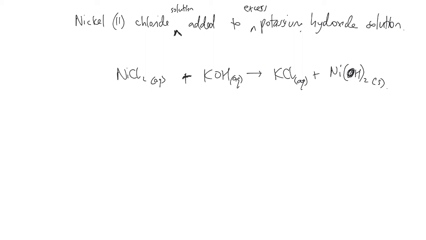What would be the ionic equation? Nickel plus hydroxide, just like that. Nickel what, sorry? Nickel 2 plus, aqueous. Hydroxide minus aqueous goes to NiOH, just like that.